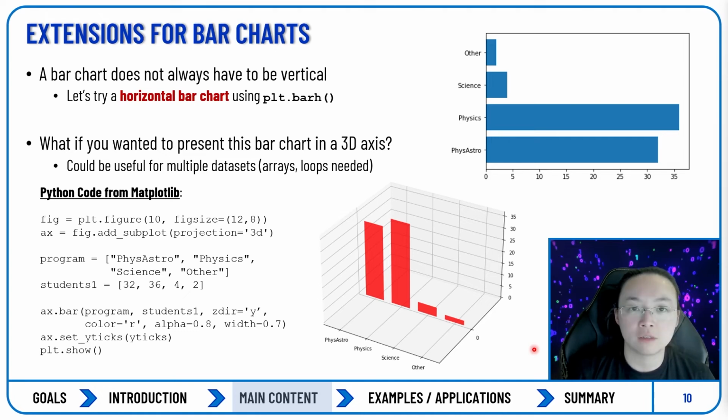You will need to use NumPy arrays to load your data sets, and you will also need to loop through to create multiple plots on your axis at different y values. These are things that you can either learn yourself later on, or I will show you if it's relevant for a specific example that we go through.